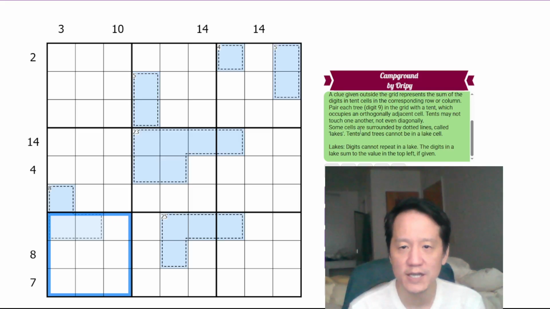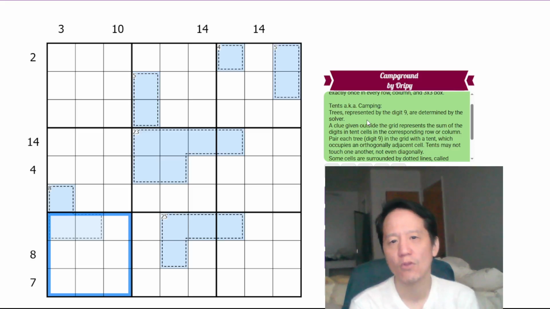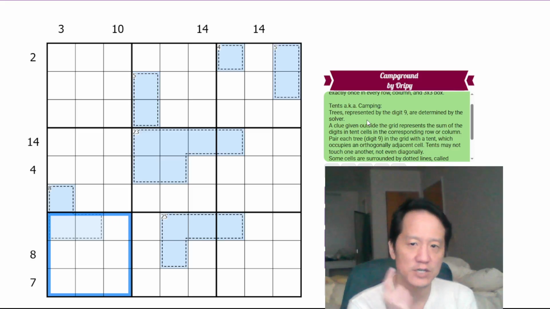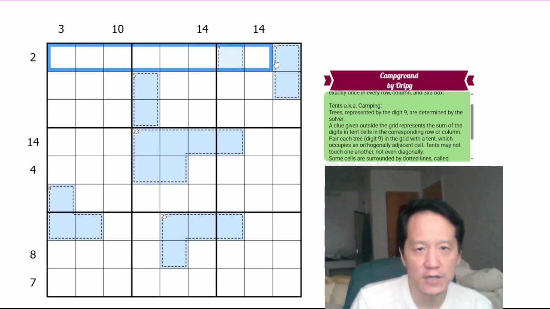Tents and trees cannot be in a lake cell. Clues given outside the grid represent the sum of the digits in tent cells in the corresponding row or column. So this is saying that there is a 2 in a tent cell here.